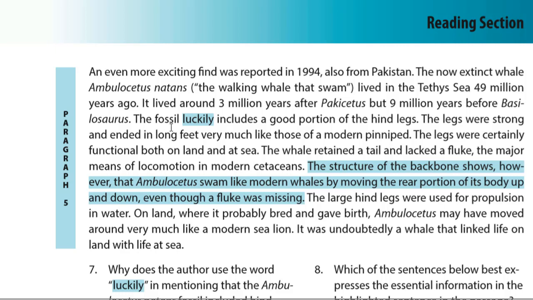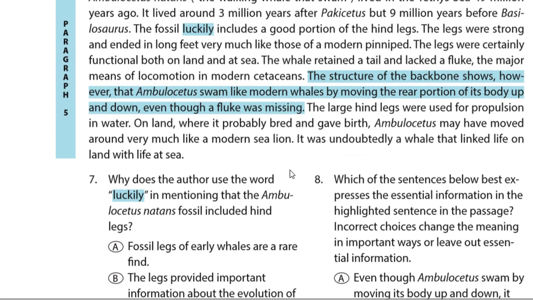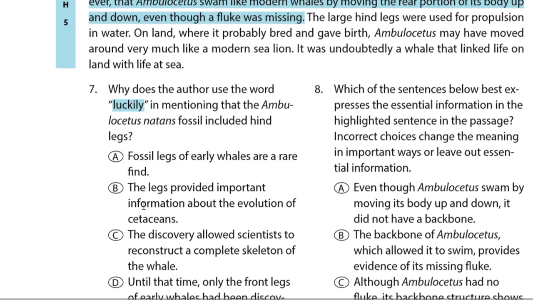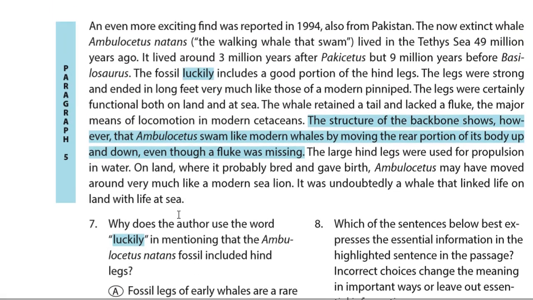So, after getting this fossil, I came to good results. I knew about some advantages like strong, ended in long feet, very much like those. So, the answer B is closest to the right answer. The legs provided important information about the evolution of cetaceans.